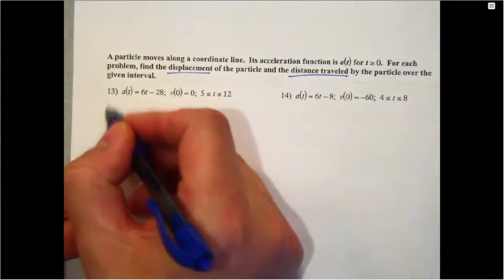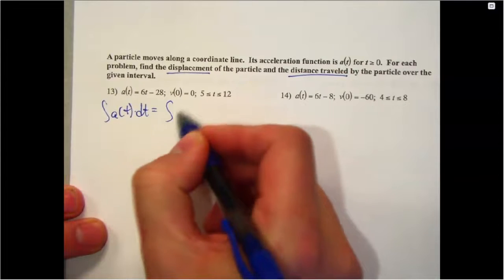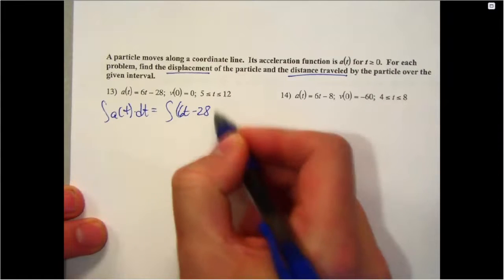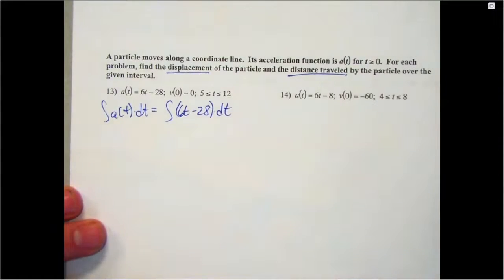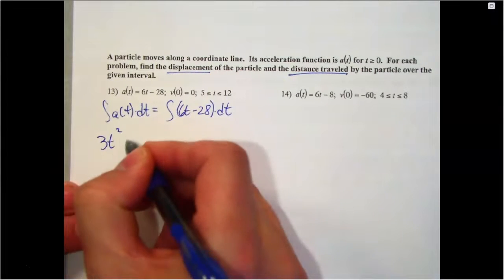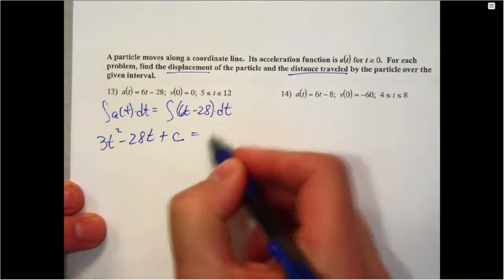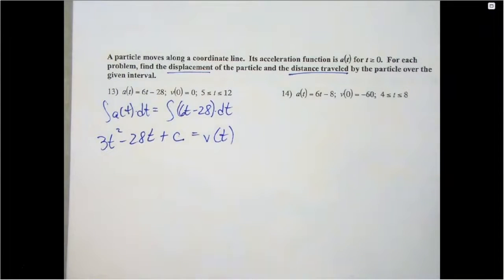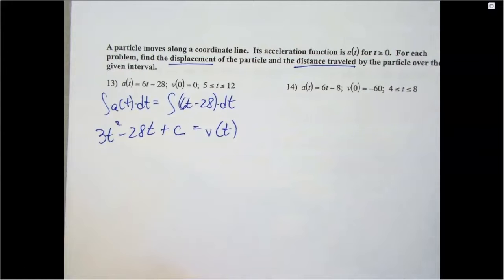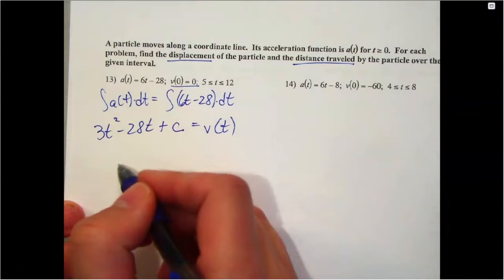So to find the velocity function, I'm going to integrate acceleration. Integrating 6t minus 28, which would give me 3t squared minus 28t plus c, and then that equals velocity. And I can plug in my info here.